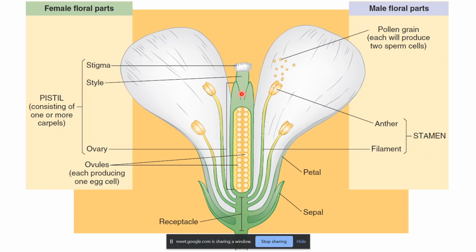But pollen grains are a dust-like structure, and they will stick to the hair of the insects or animals.